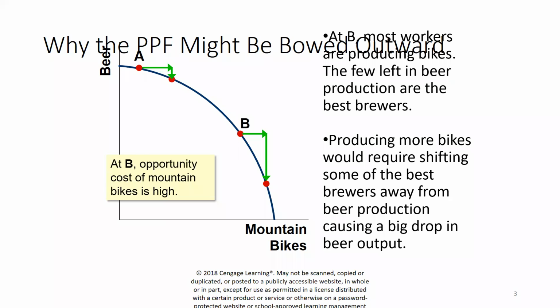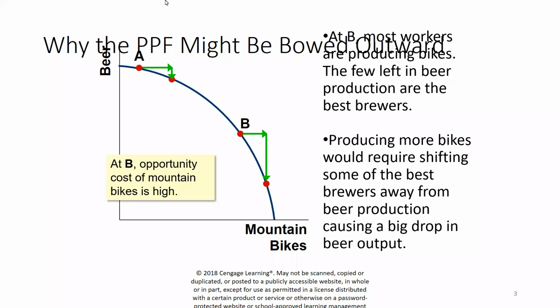So when I start changing my resources to beer, it's not easily adaptable. So I'm going to need more of the mountain bikes as I make more and more beer. Now, if this was a straight line, then it would be a constant opportunity cost. And the reason for that would be it would be easily adaptable.